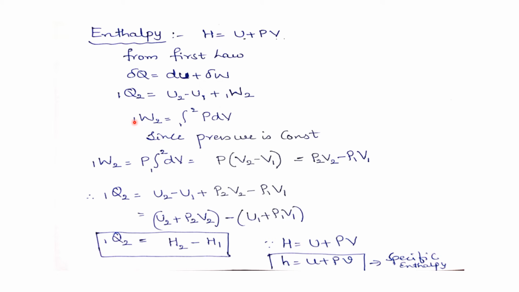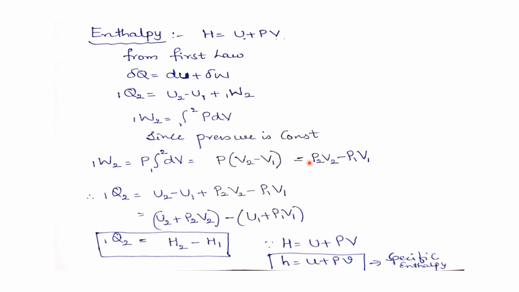So this work done, 1W2, is equal to the integration from 1 to 2 of P dV. Since we have considered the pressure to be constant here, 1W2 is equal to P, I will take it outside, integration from 1 to 2 of dV. Integration of dV will be V. So from 1 to 2 means P into (V2 minus V1).